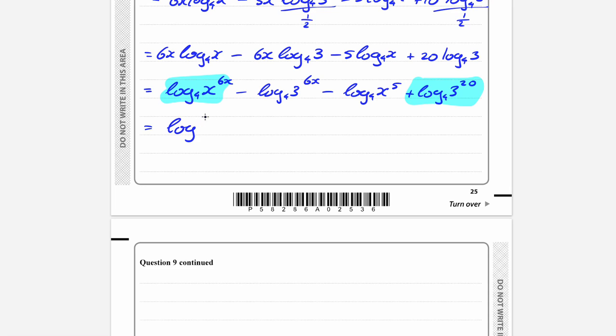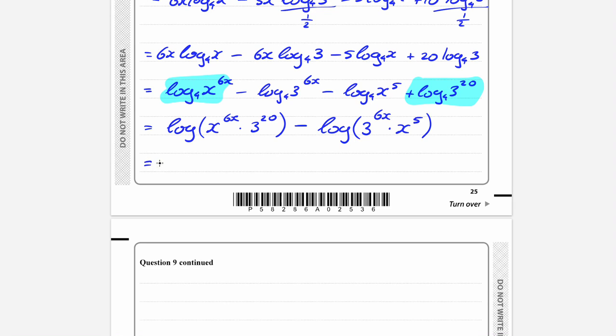So this is equal to log of x to the 6x times 3 to the power of 20. Okay, and then I can subtract these two, which is log of 3 to the power of 6x times x to the power of 5. That's just subtracting. It's like I'm taking out the minus, so I kind of skipped a step there, so just make sure you're okay with that.